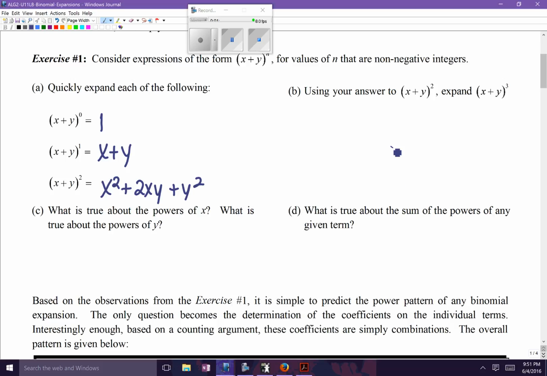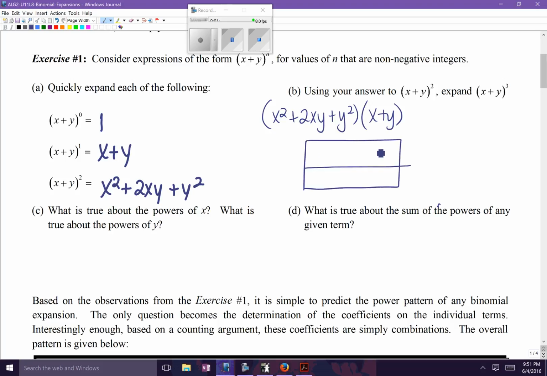So let's see here. I'm going to have x squared plus 2xy plus y squared times x plus y, all right? And I'm going to go ahead and tab this out. Or if you're more comfortable, you could use FOIL, but it's a little bit more complicated than FOIL.